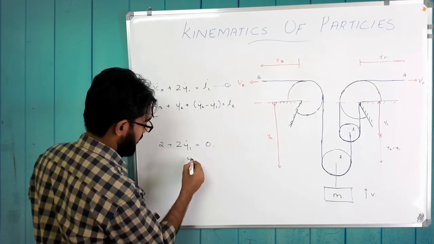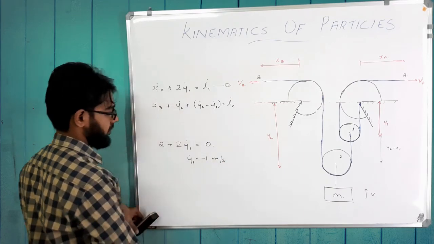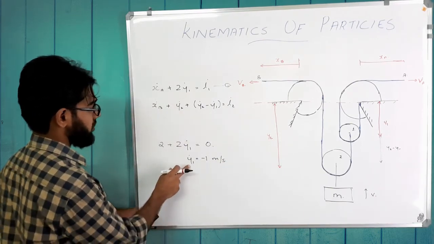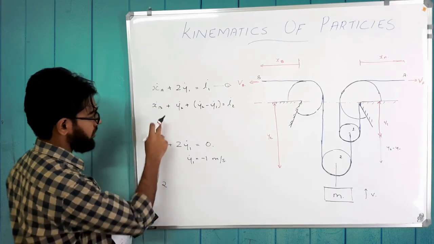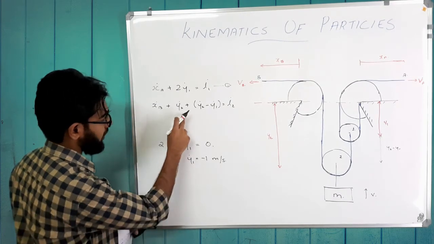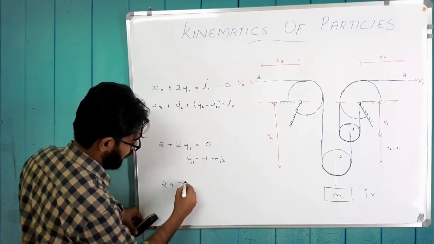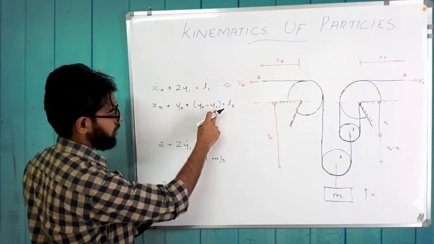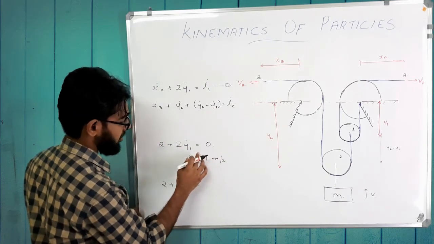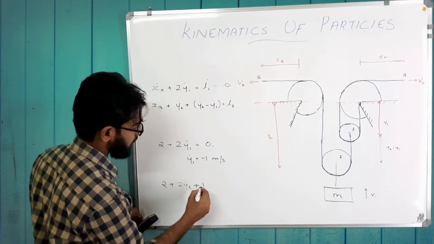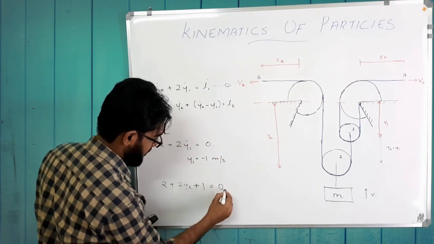So Y1 dot will be equal to minus 1 meter per second. Now substituting this value in the second equation: XB dot, 2 meters per second, plus Y2 dot plus 2 Y2 dot minus Y1 dot, where Y1 dot is minus 1, so minus of minus 1 becomes plus 1, is equal to L2 dot, which is 0.